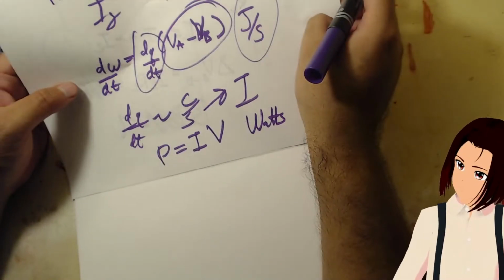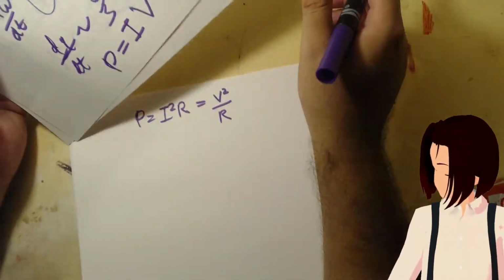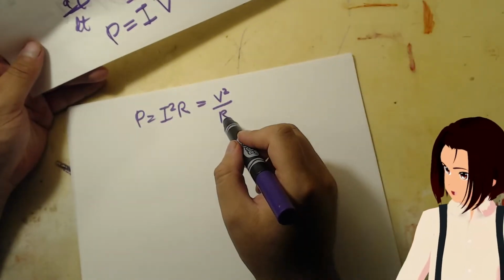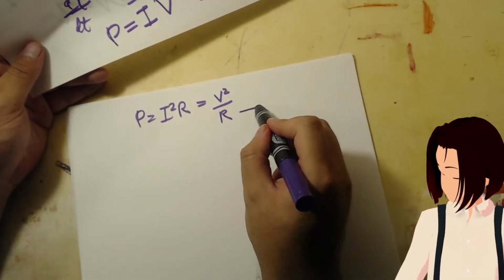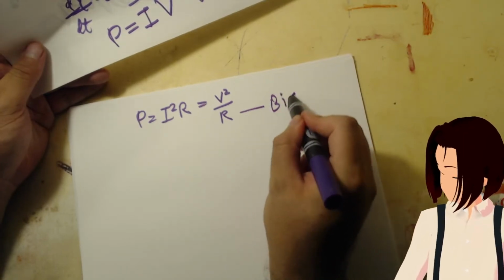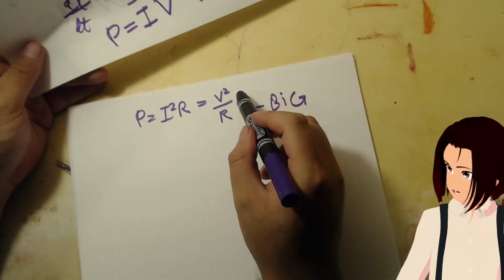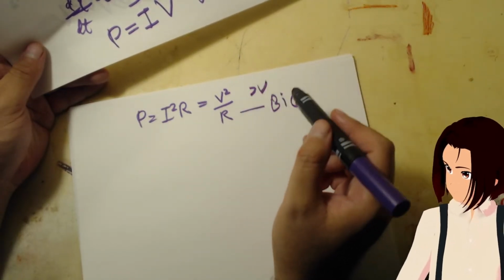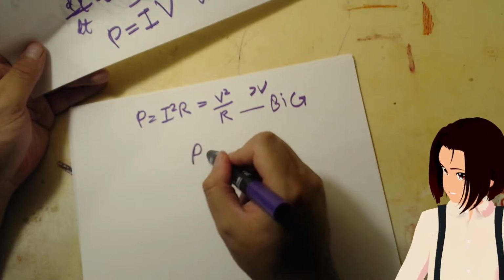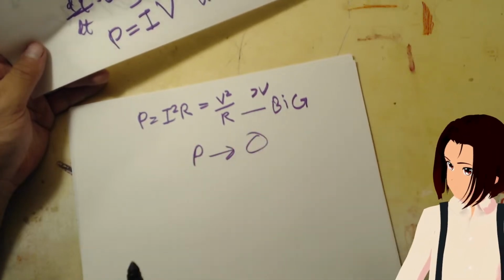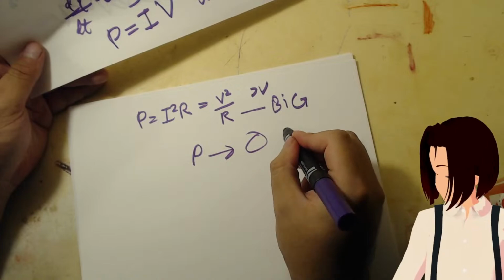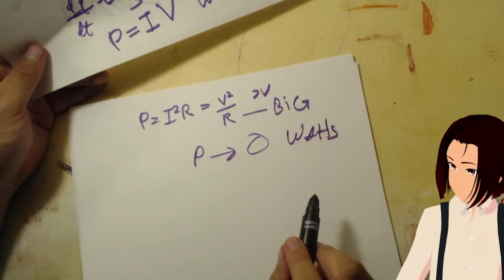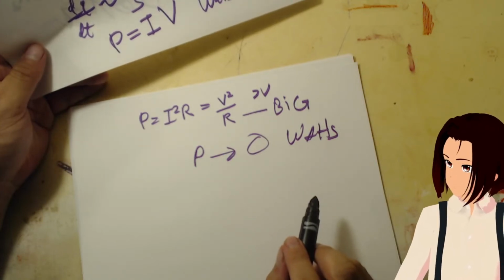Oh, 0. Because look at this relationship. If R is really, really big, and this is only a AA battery, so 3 volts or however it is, well, the power is very close to 0 watts. There you go. All right, thanks for my homework help.